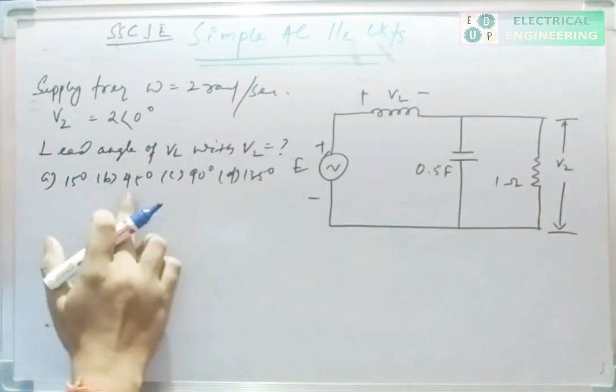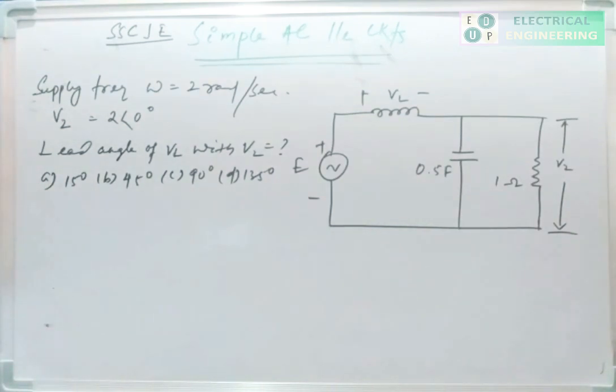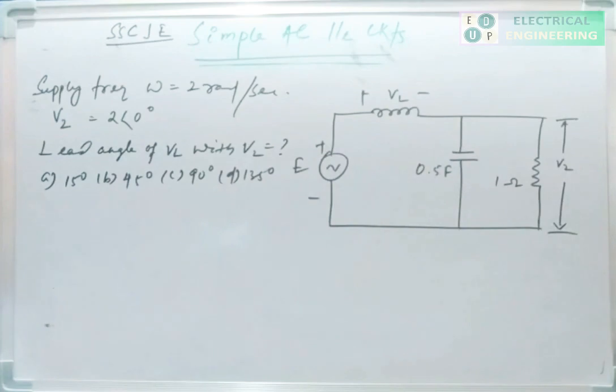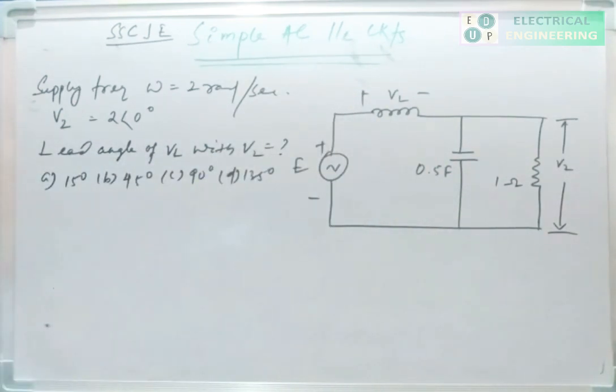A is 15 degree, B 45, C 90 degree, and D 135 degree. Okay, so to find the lead angle between VL and V2, we need to find out the VL value. Because V2 is given, if we can find VL, then we can get this answer. So let's do it.